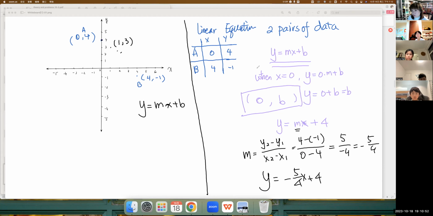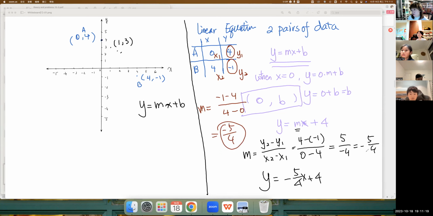Some students may ask, teacher, how could you know this is y2, this is y1? Can I make this one y2, this y1, this is x2, this is x1? Of course you can do that, but let's see if the answer is the same. So y2 is negative 1 minus 4 over 4 minus 0, so negative 5 over 4.